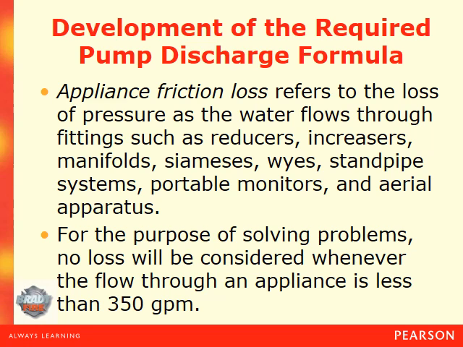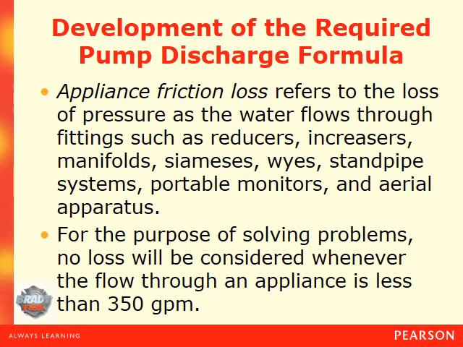Appliance friction loss refers to the loss of pressure as the water flows through fittings such as reducers, increasers, manifolds, Siamese, Y, standpipes, portable monitors, and aerial apparatus. For the purpose of solving problems, you won't have to consider any friction loss whenever you're flowing less than 350 gallons per minute.